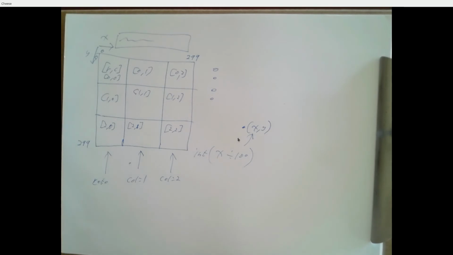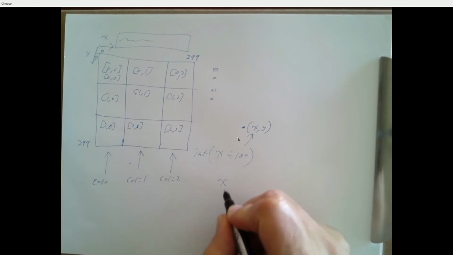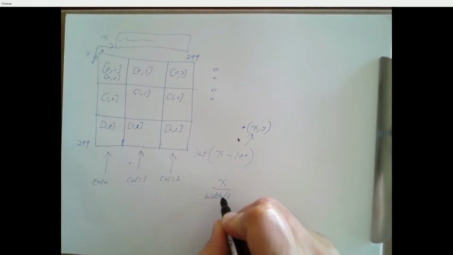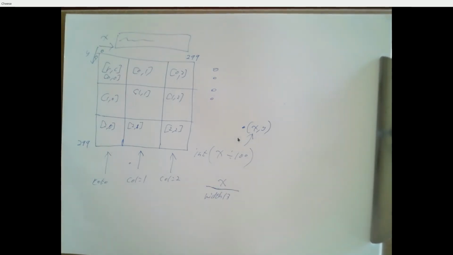If the window is resizable, wouldn't you want to do, instead of using hard 100, the total width divided by 3 instead of 100? Good. So take X divided by 1/3 of the width, right? Or 3 times X over the width, and that'll give you your column.